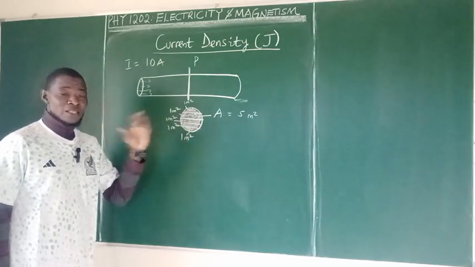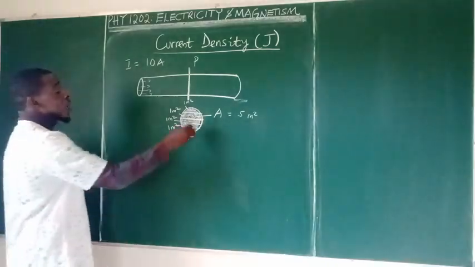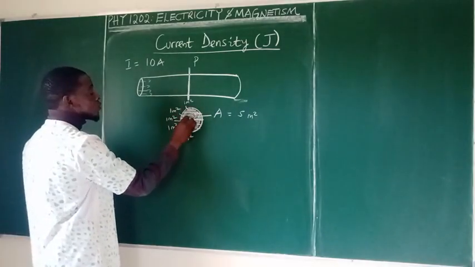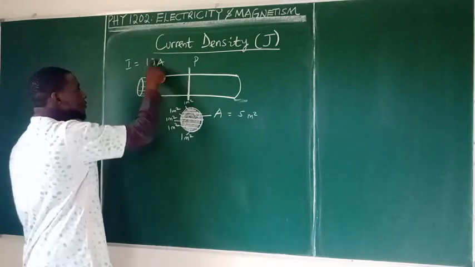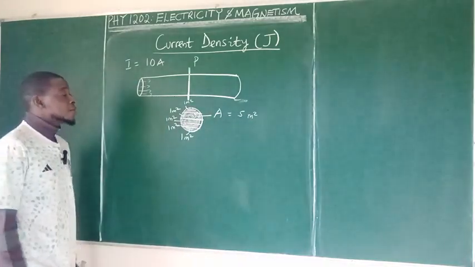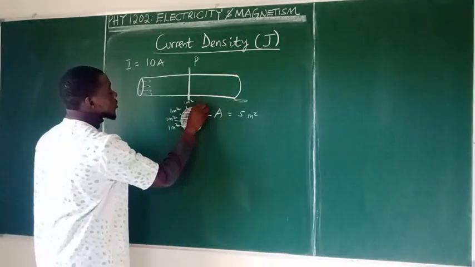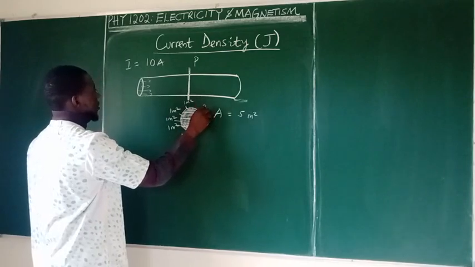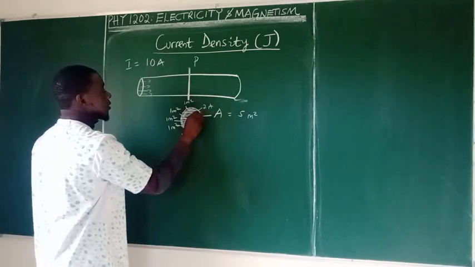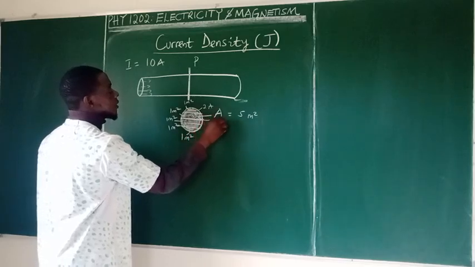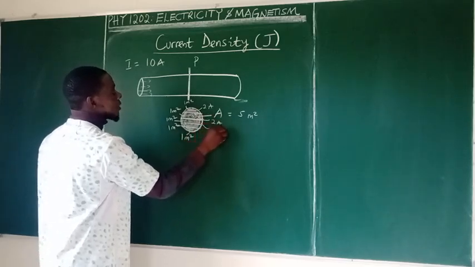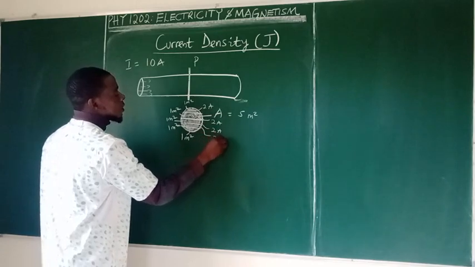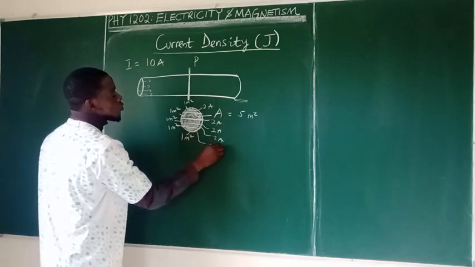Since we have 5 parts, divide this 10 ampere by 5, and each portion will have 2 ampere.